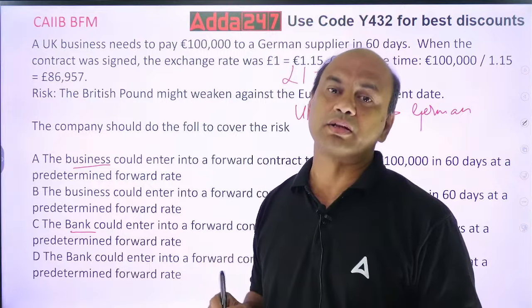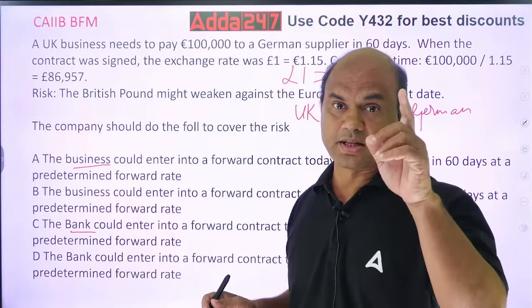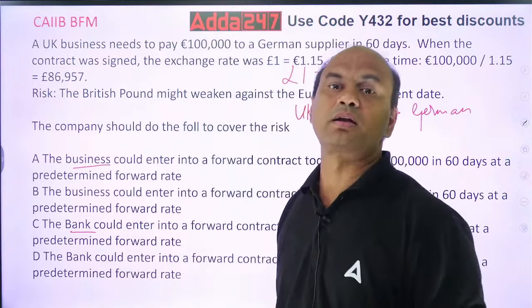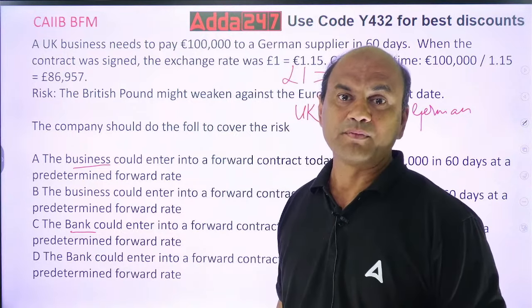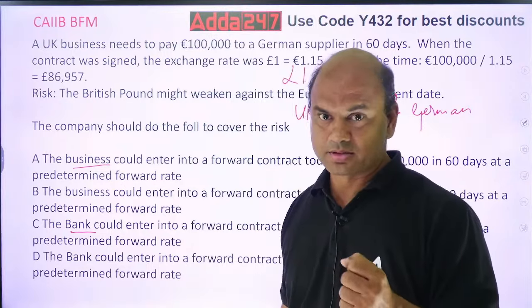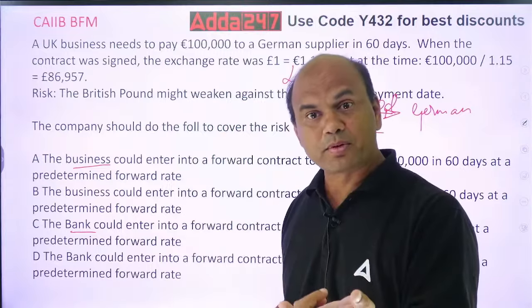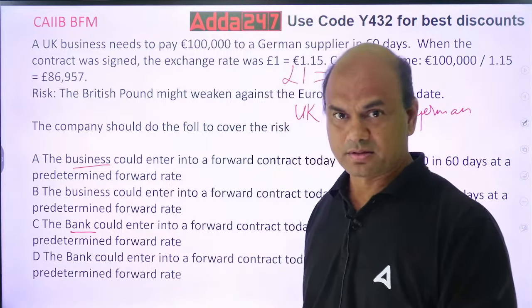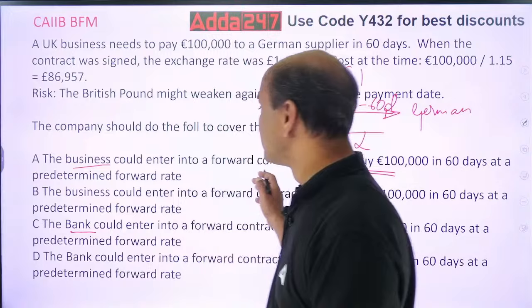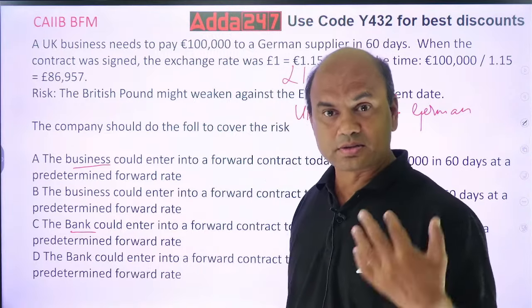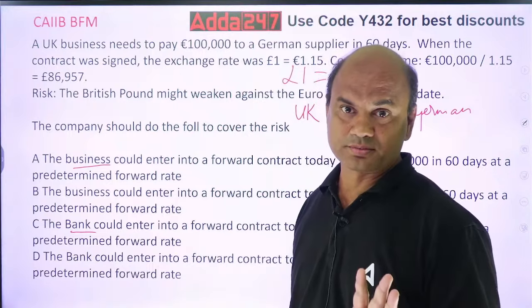After 60 days, I have to give euros to that German person, so right now book the contract. I'll buy it from the bank. Bank will do the selling transaction. Bank will do the sale. Customer will do the buy, euros.